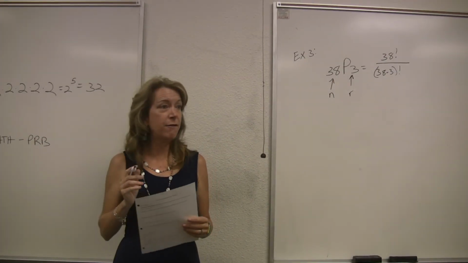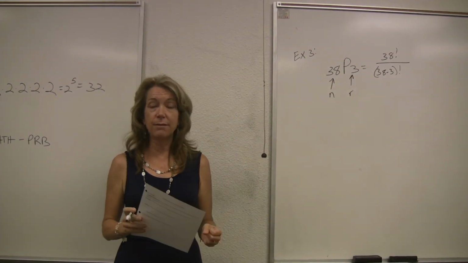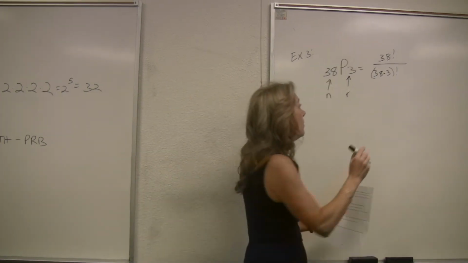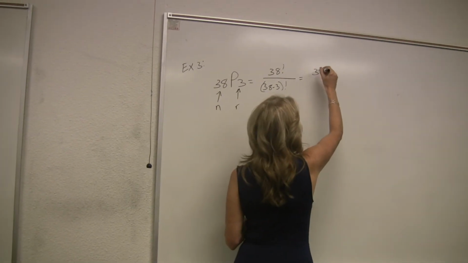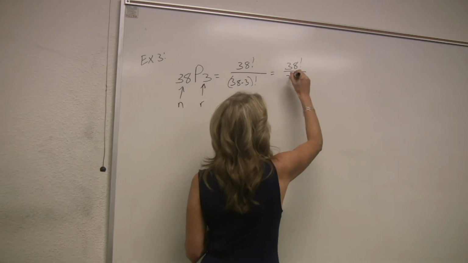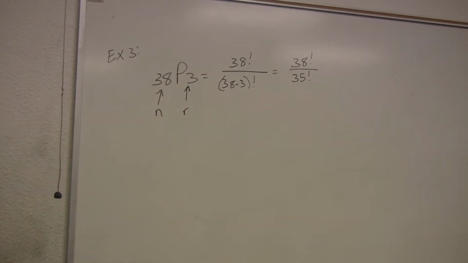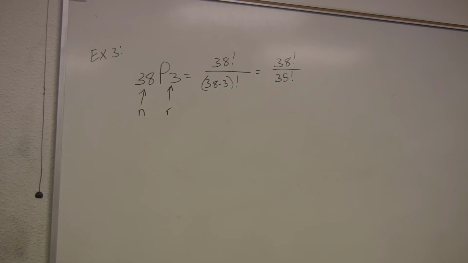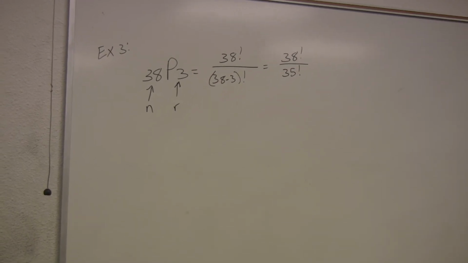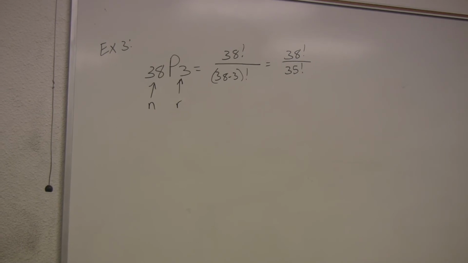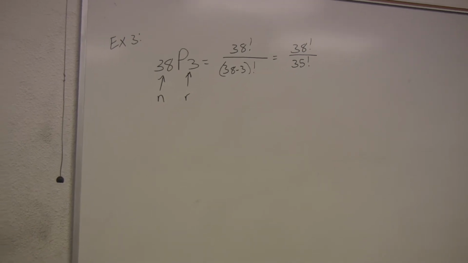See how I'm following that formula at the top of page 55? So that's 38 factorial divided by 35 factorial. Let's see where those numbers came from. Use your calculator, please, and tell me what that equals.